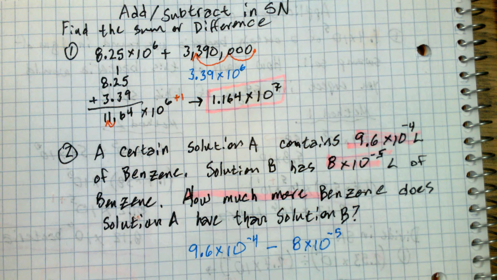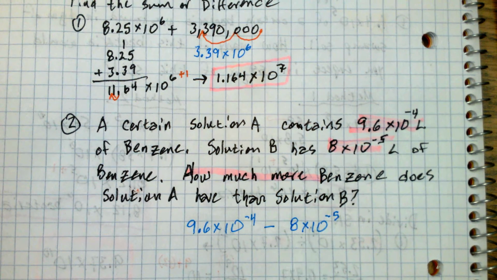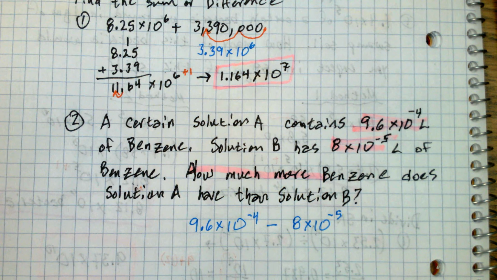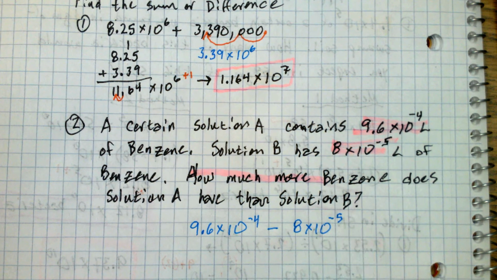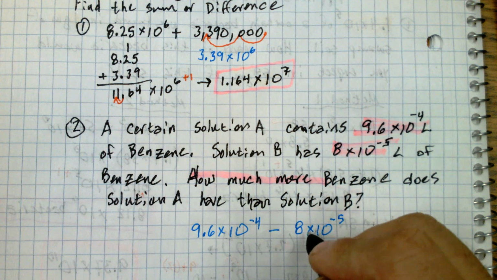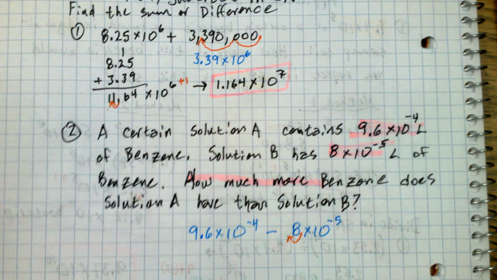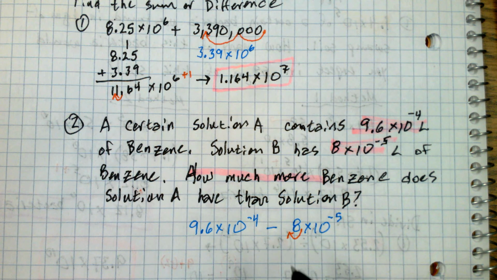So let's go ahead and change. Which one is smaller? Negative 5. So we're going to fix this one, make it a negative 4. Right? So we're going to move it once this way, make that 0.8.